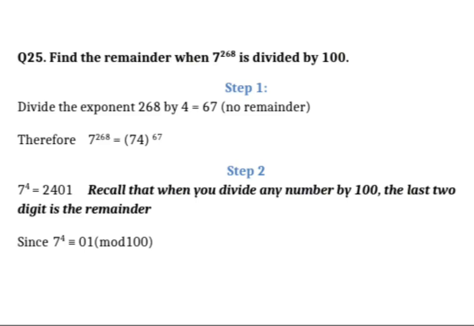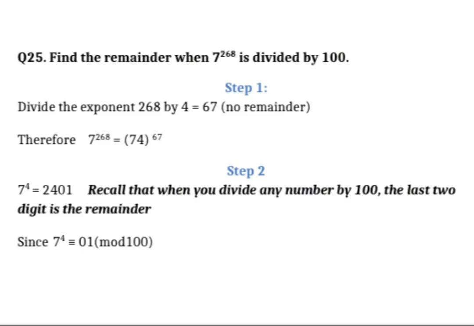Because 7 raised to the power 268 divides perfectly without a remainder, it means that 7 raised to the power 268 and 7 raised to the power 4 have the same last digits. So 7 raised to the power 4 is 2401, which means the last digits are 01.